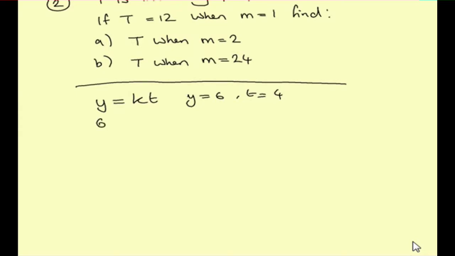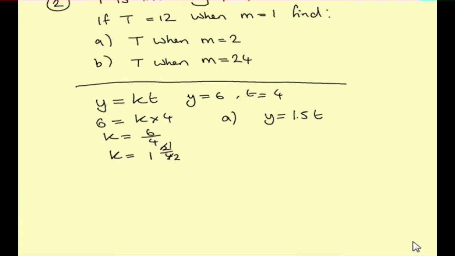So 6 is equal to k multiplied by 4. So k is equal to 6 over 4, so k is 1.5. So using that, we've got our formula: y is equal to 1.5t.